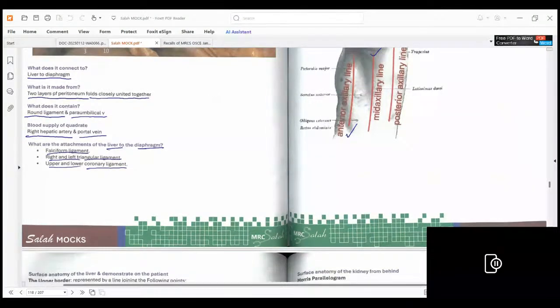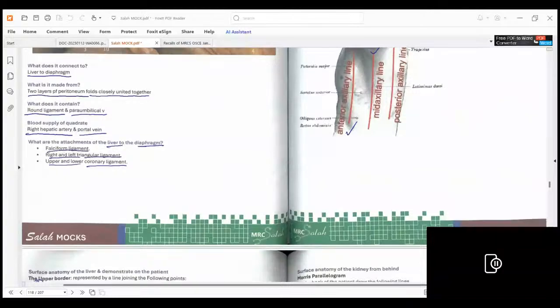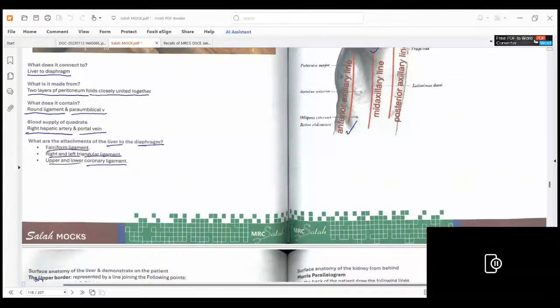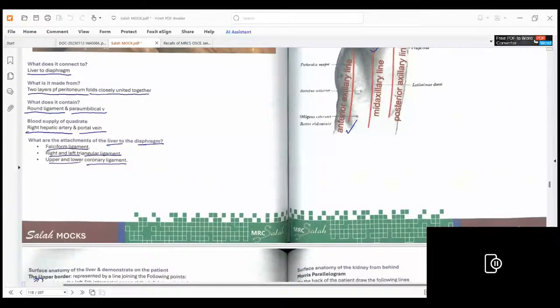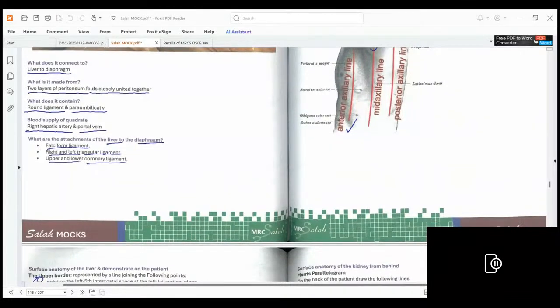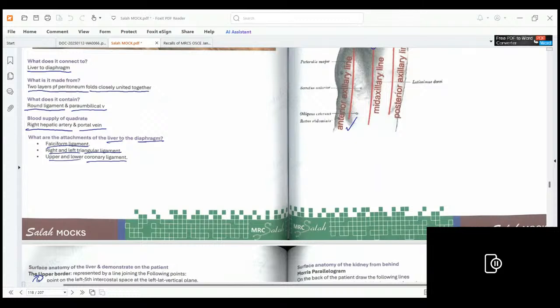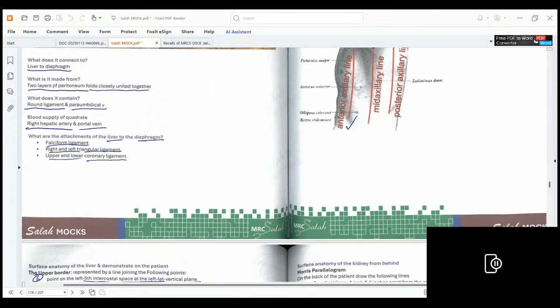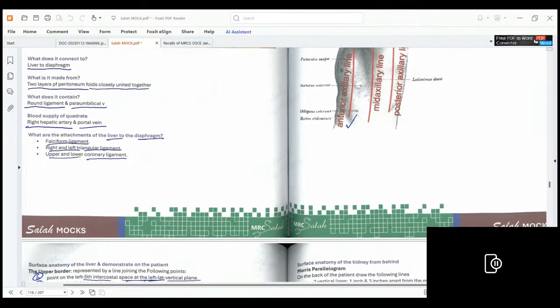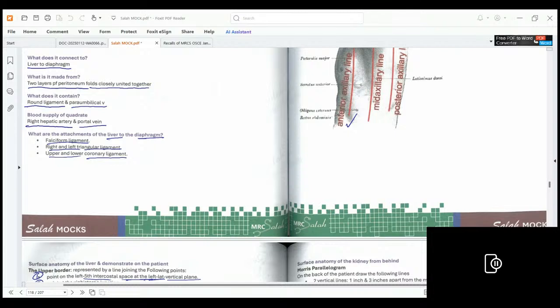The anterior axillary line marks the anterior axillary fold, the mid axillary line is situated between the anterior and posterior axillary lines, and the posterior axillary line marks the posterior axillary fold. But a little more. What is the anterior axillary line surface marking?